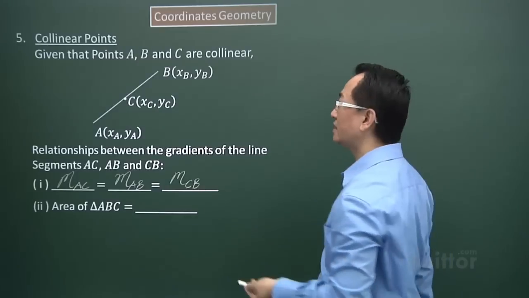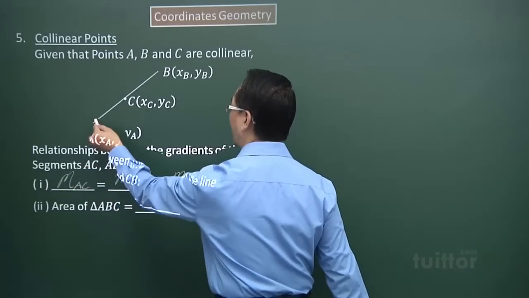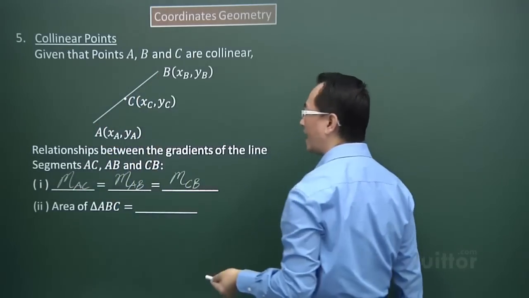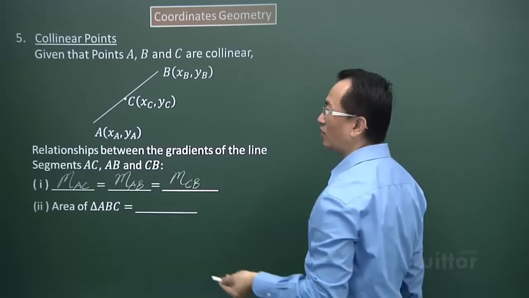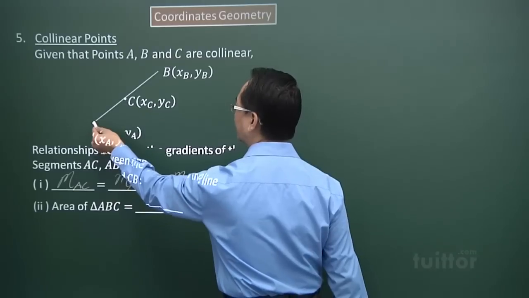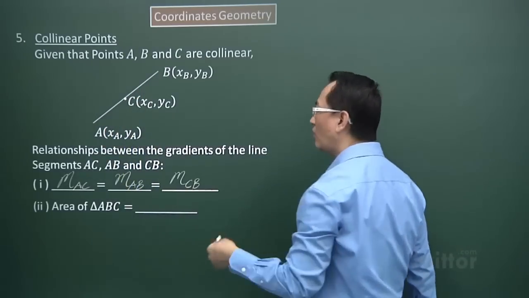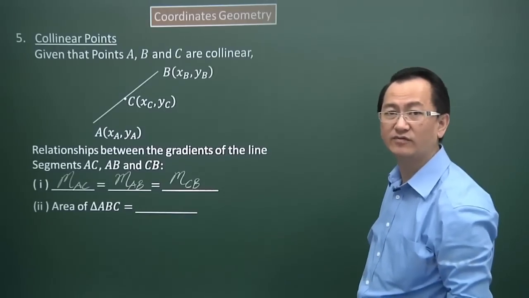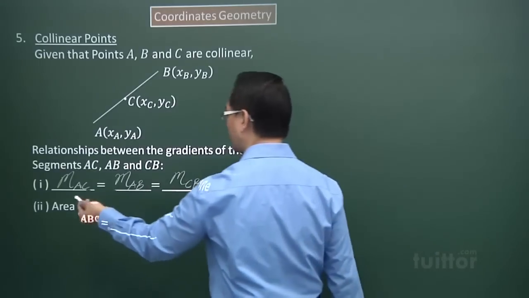In other words, if we are considering a straight line, any point on that straight line will have the same gradient. Similarly, if you are looking at line segments, whether it's AC or AB or CB, all line segments will also have the same gradient.